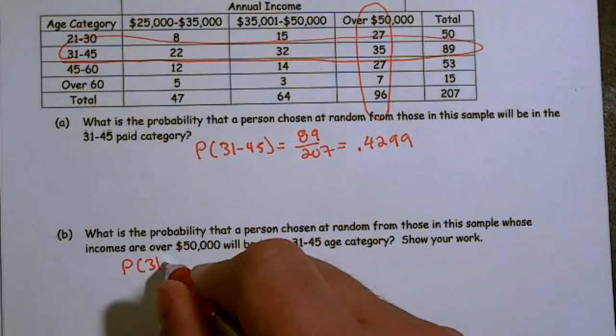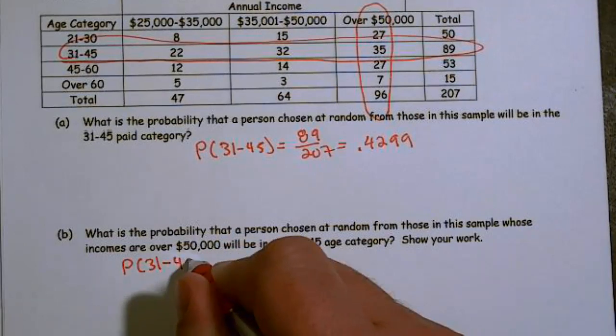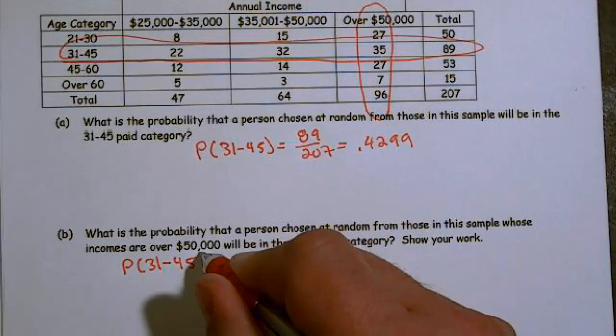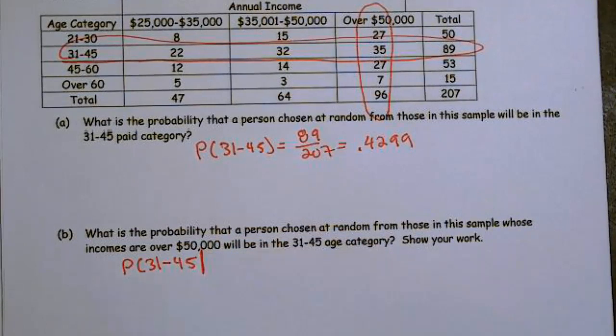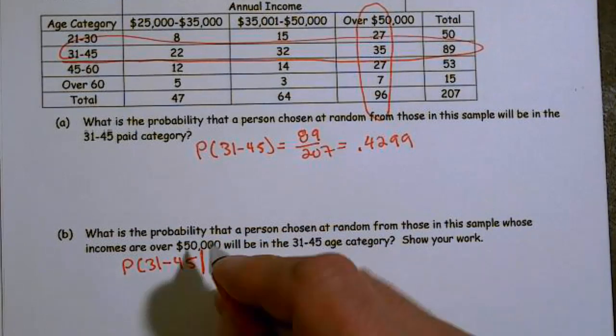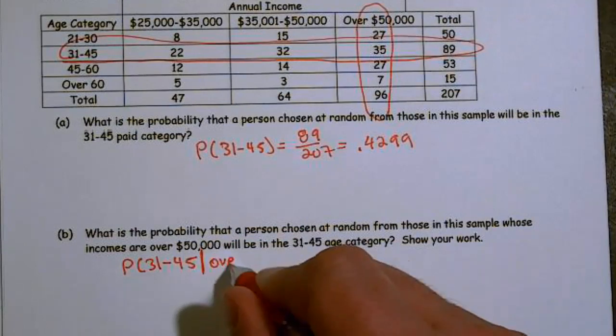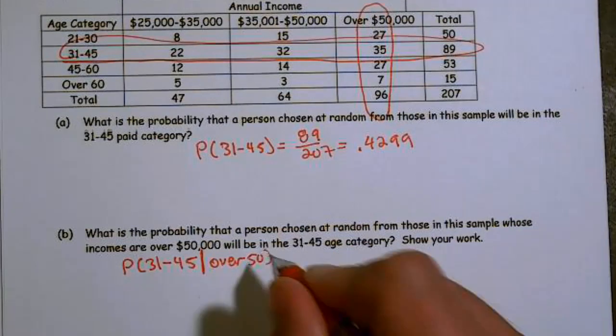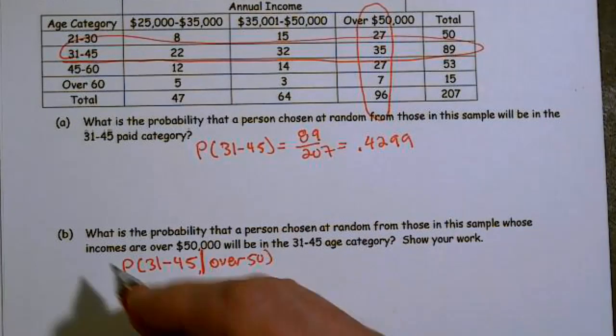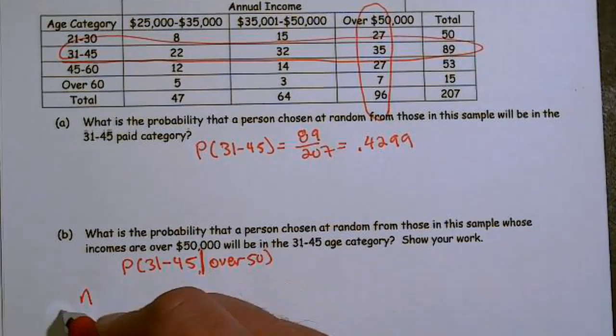Probability of 31 to 45, that group, given, this line means given, they're over 50. And please remember that line means given, and it's always intersection over given.